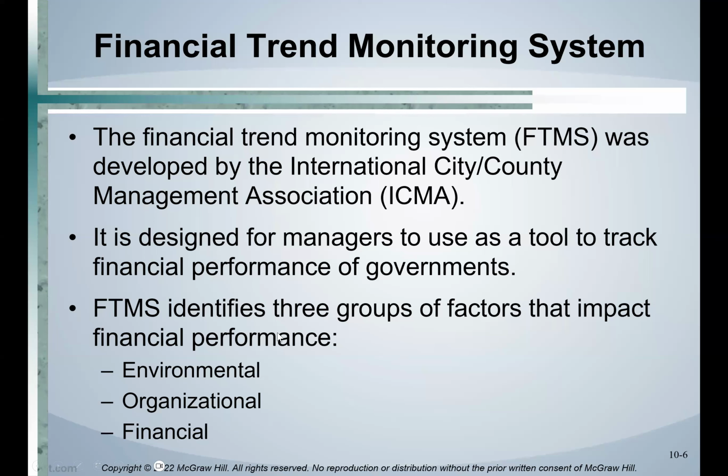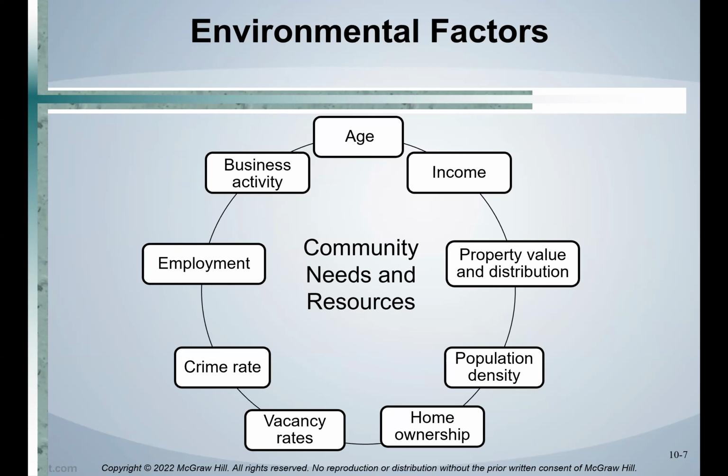Is this an entity that you all are familiar with, the financial trend monitoring system? It looks at a longitudinal approach as things change over time. And so you can keep track of your financial performance, looking at environmental factors, organizational factors, and then we're going to have quite a bit of discussion on the financial factors.